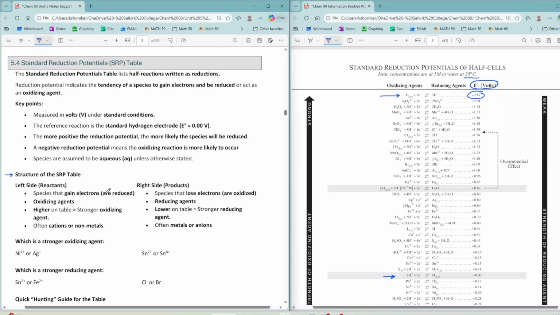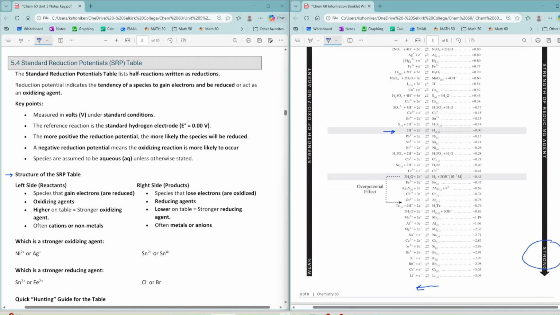On the left-hand side, it's often cations or nonmetals, whereas on the right-hand side it's the species losing electrons, being oxidized, acting as reducing agents. The lower on the table you are, the stronger you are as a reducing agent, or the more likely you are to be oxidized. These include a lot of metals, or anions. So that means starting with a negative ion and ending up as something like 0.